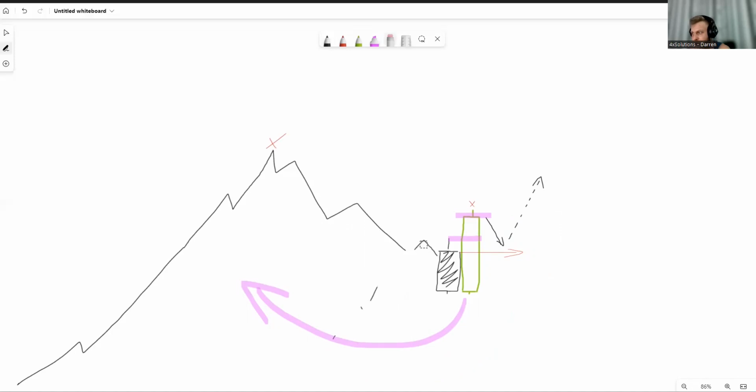Okay, so we've come over there and we've traded lower now here, and we've come all the way up here from this low all the way up here to this high.